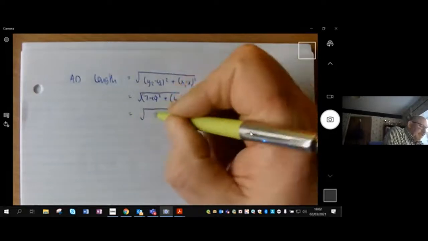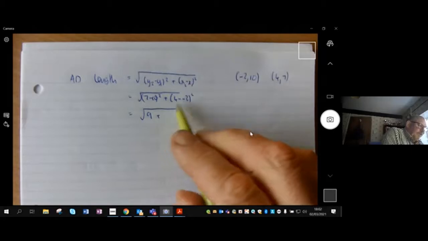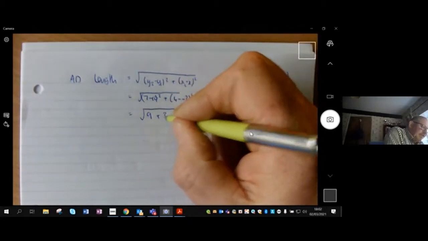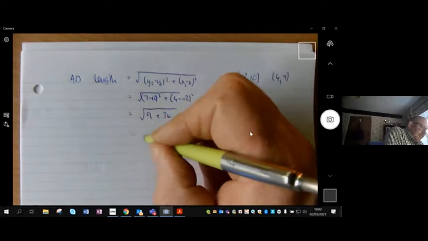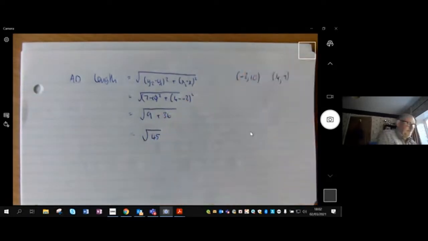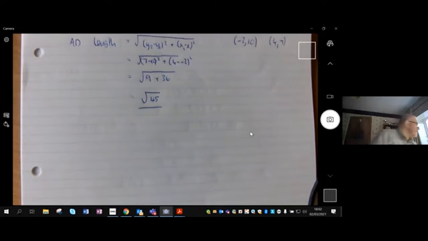So it's a square root. 7 minus 10 is 3 squared is 9 plus 4 minus 2 is 6 squared is 36. So that is square root 45. Doing mental arithmetic rather than calculator.